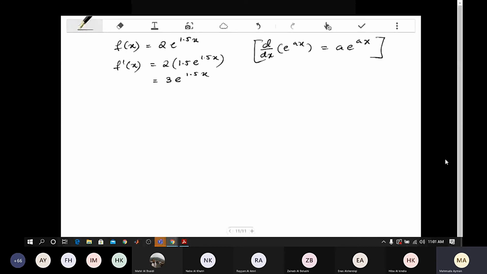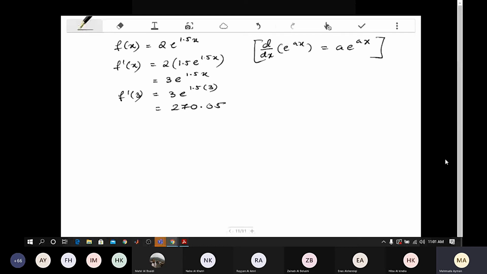Now we have to find out the derivative of the function at 3. So that will be 3 times e to the power 1.5 times 3. That is giving us the exact value as 270.05. So that's the exact value of the derivative of this function up to 5 significant figures.